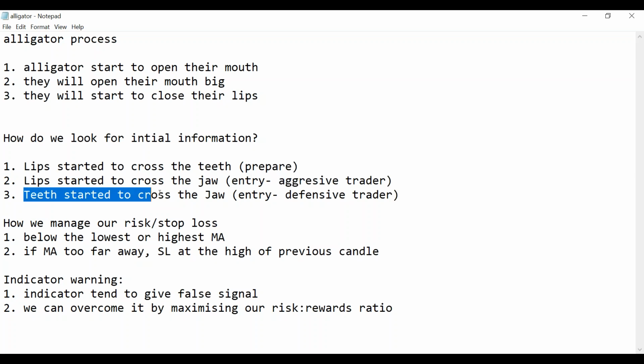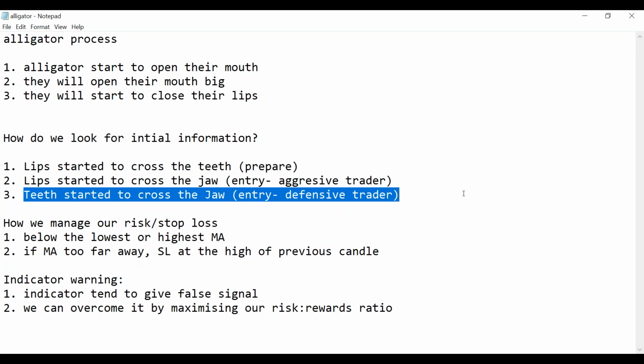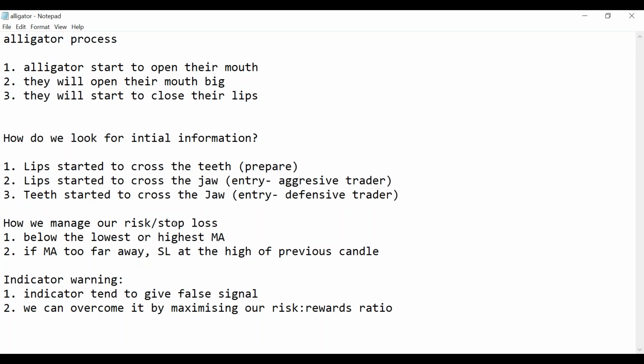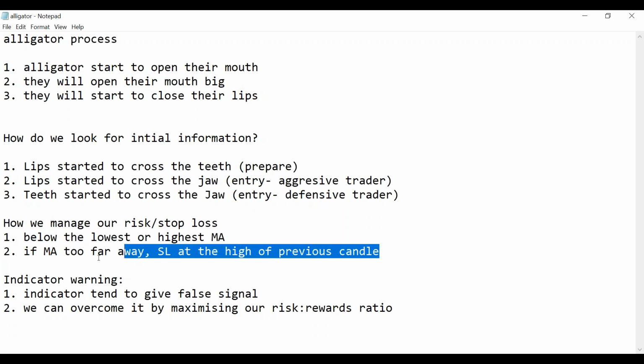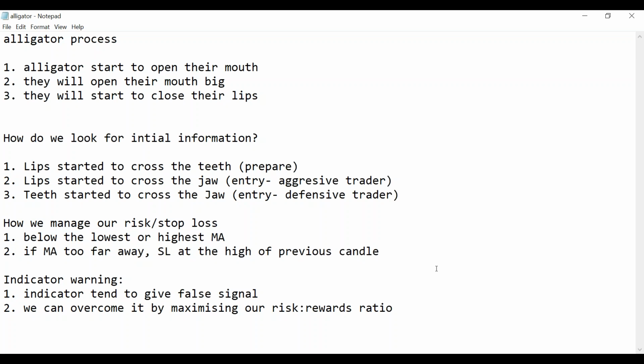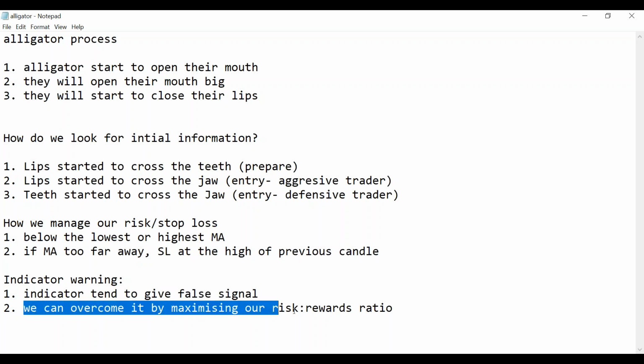When the teeth cross the jaw, we can enter. To manage our risk, we place the stop loss based on the lowest or highest moving average, or based on the previous candle. The indicator tends to give false signals, and we can overcome that by maximizing the risk reward ratio.